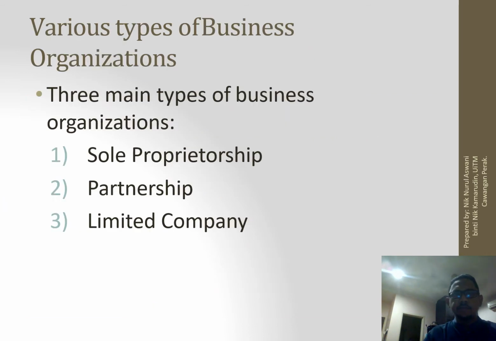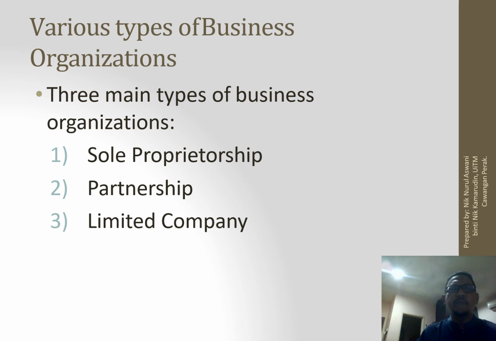Okay, there are three types of business. I have mentioned earlier about the limited company, in which the business wants to gain and wants to know the financial status of the business, whether the business can pay dividends. So there are three types of business organization.